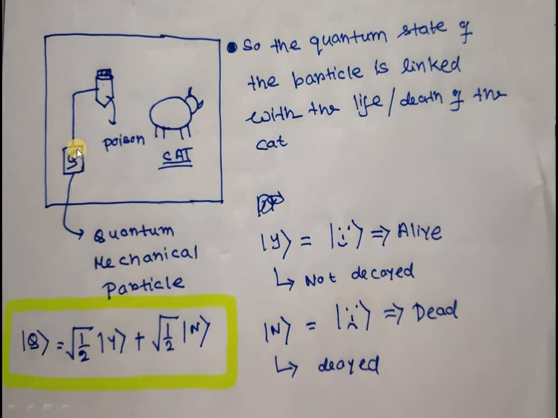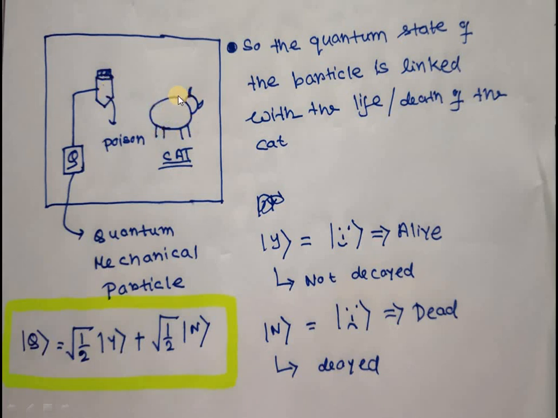This is the quantum mechanical particle, which is attached to a vial, and in this vial some kind of poison is there. The arrangement is done in such a way that if the particle decays, the bottle will open, the poison will be released and the cat will die. On the other hand, if the particle does not decay, the bottle will not open and the cat will be alive.